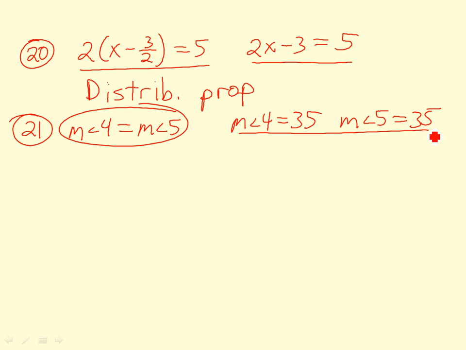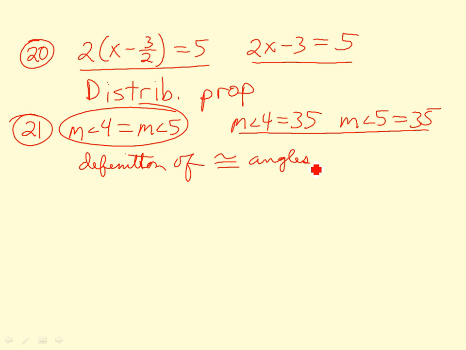They have the same measure. And what I'm going to write here is definition of congruent angles. If two angles are congruent, then they have the same measures. That's why I said it's not really a property. I don't know why they put property in there.